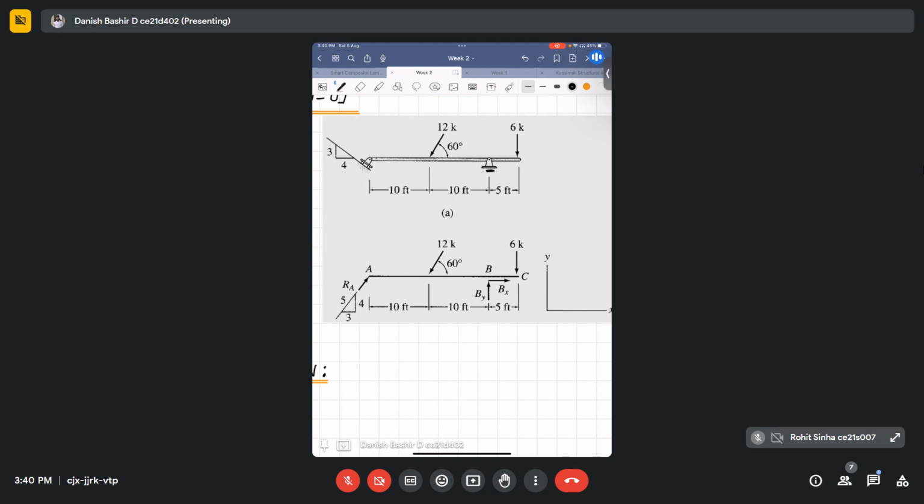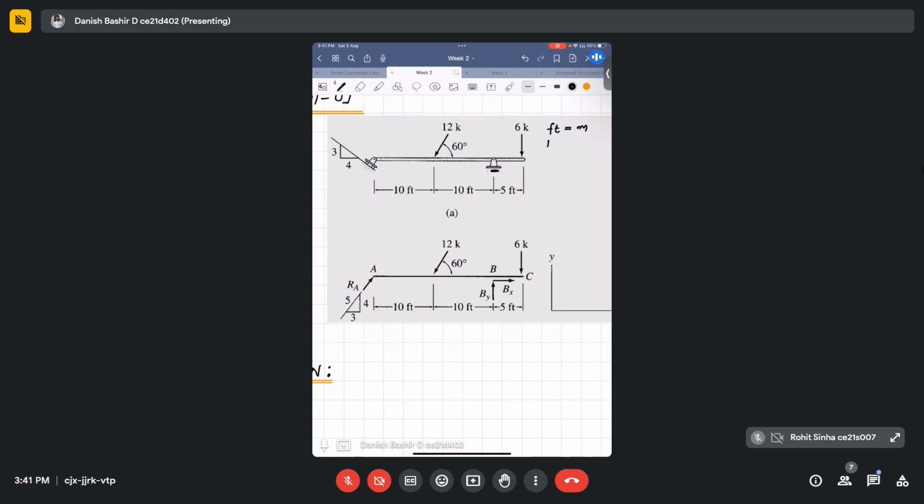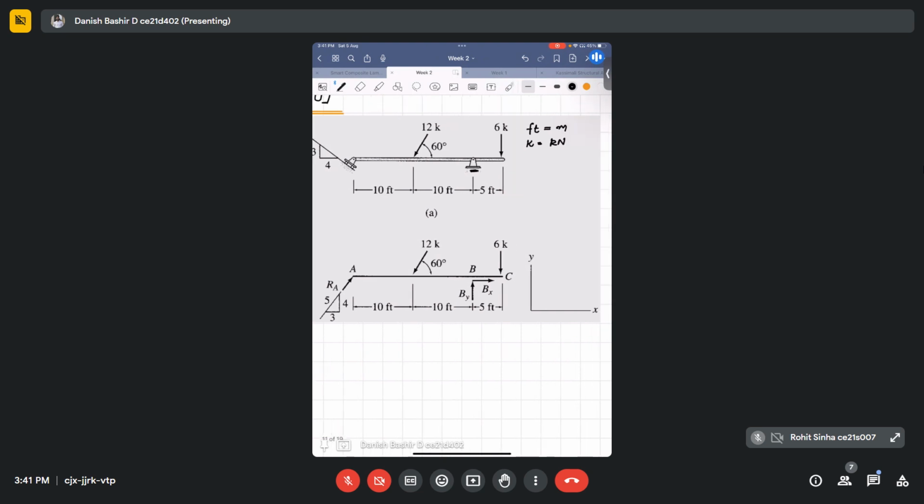And there is an inclined force of 12 kilonewton. Please bear with me. All the units here, consider ft to be equal to meter, and K to be equal to kilonewton. Actually, these are American units used here, that's why K equals kilonewton.